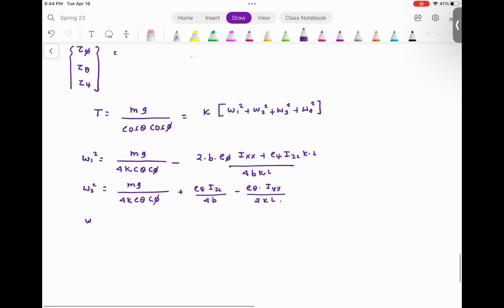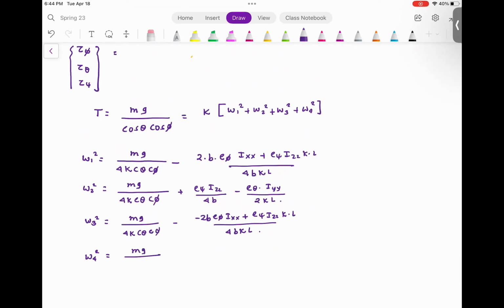Omega 3 square is equal to mg divided by 4k cosine theta cosine phi minus 2b e phi Ixx plus e psi Izz kl divided by 4b kl, and omega 4 square is equal to mg divided by 4k cosine theta cosine phi plus e psi Izz divided by 4b plus e theta Iyy divided by 2kl.